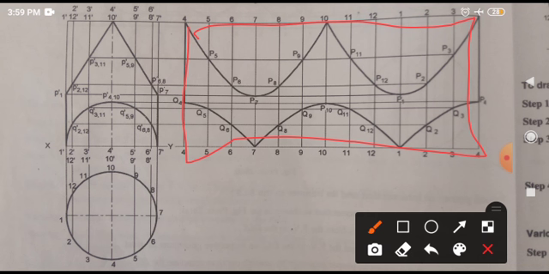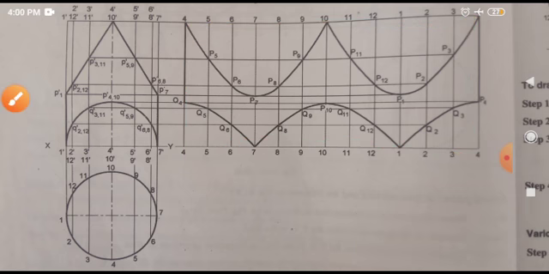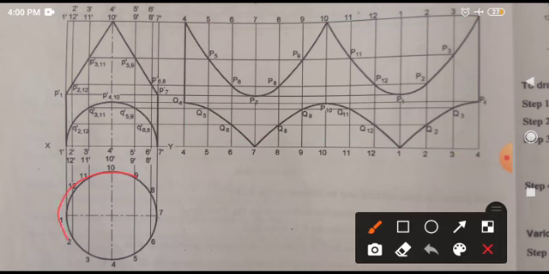Now how to draw this profile on this rectangle? Let's start with this. You have divided this circle into 12 parts, isn't it? Now you just have to take all this projection. The projection line should be faint enough so that it will not merge with the main figures.